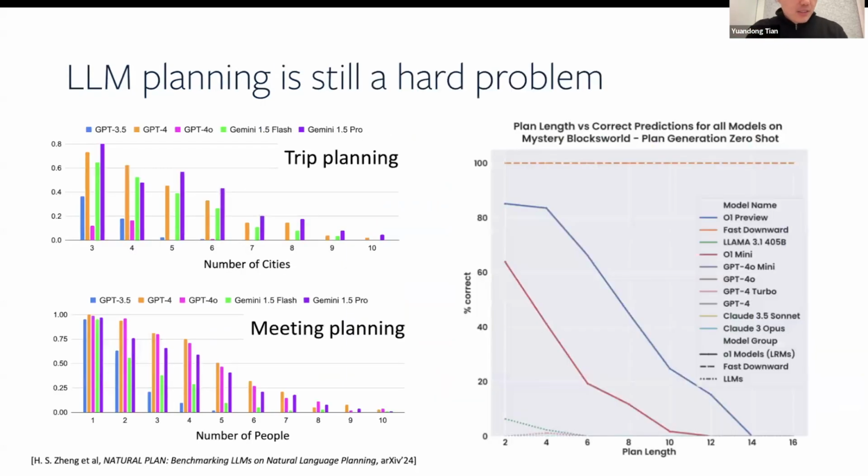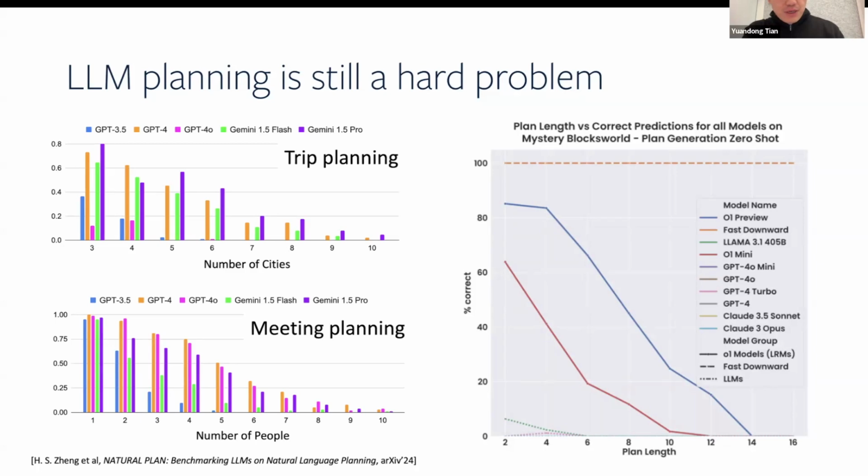This is a phenomenon that is not only on the travel planning task, but also on other tasks as well, right? On the left, there's a paper from Google called Natural Plan. It comes with some tasks for planning, and the existing models still cannot do reasonably well on these tasks.